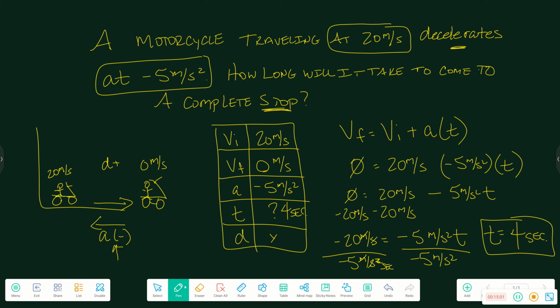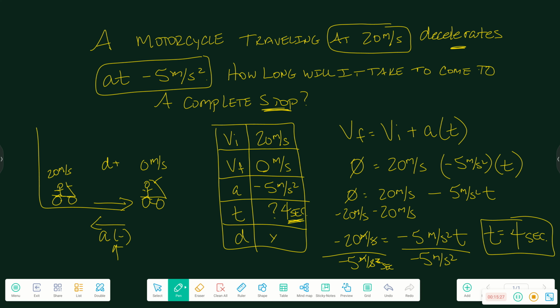Okay, so how long does it take for this motorcycle that's traveling at 20 meters per second to come to a complete stop, decelerating at a negative 5 meters per second squared? It's going to take 4 seconds. Now if the follow-up part of this question was, how much displacement does it take for it to come to a stop?